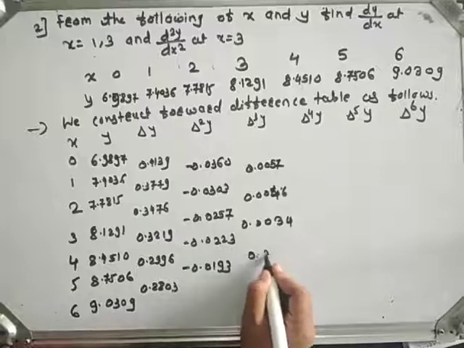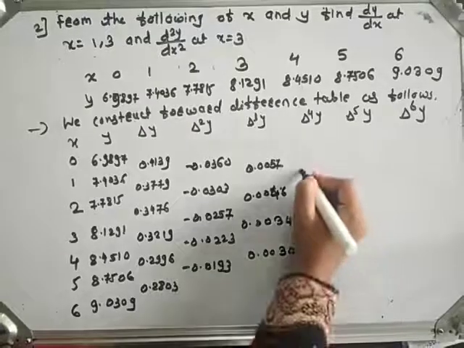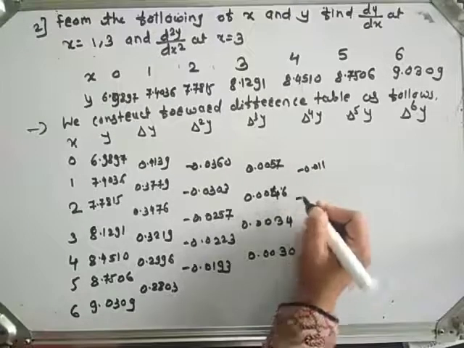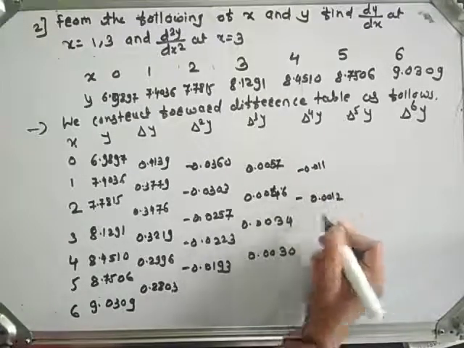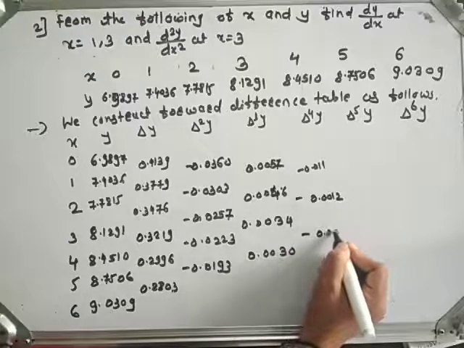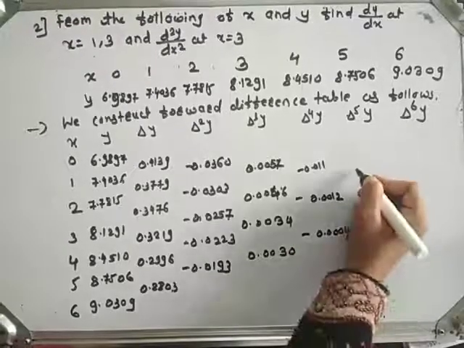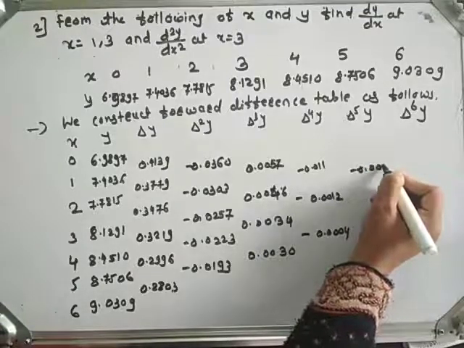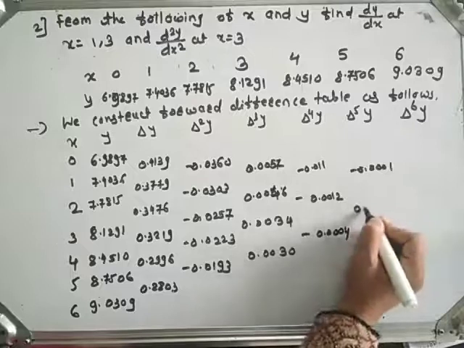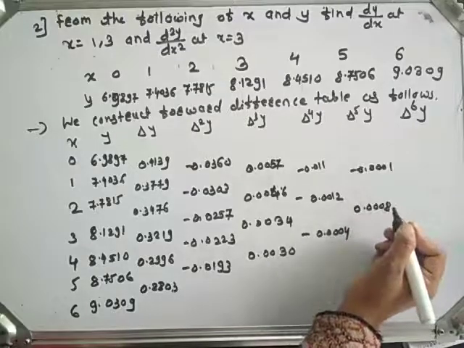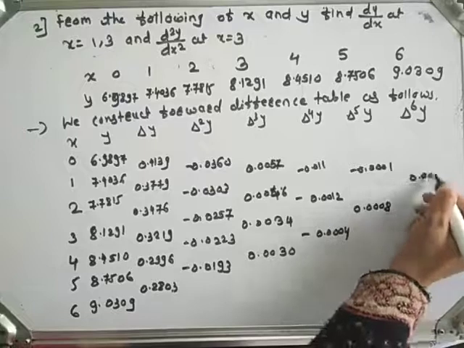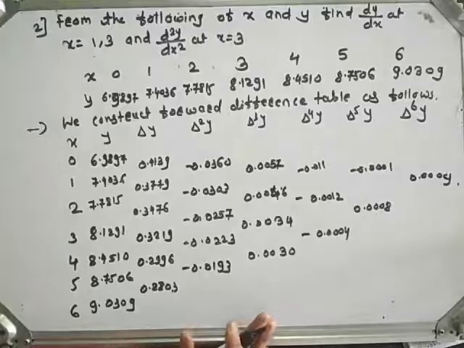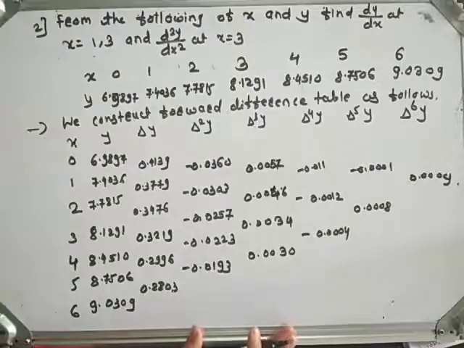Here is 0.0030, 0.011, 0.0012, 0.004. This difference is minus 0.001, 0.0008, 0.009. Okay, this is the forward difference table for given data.